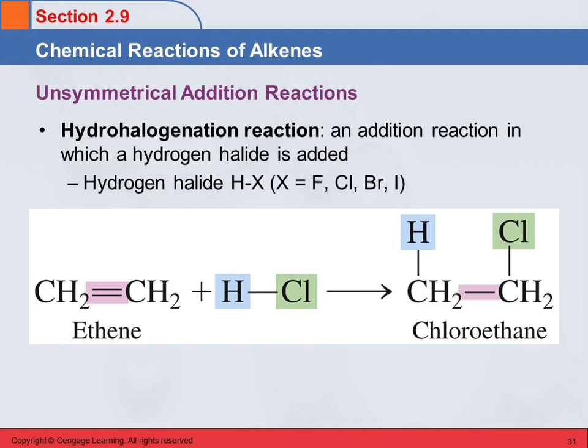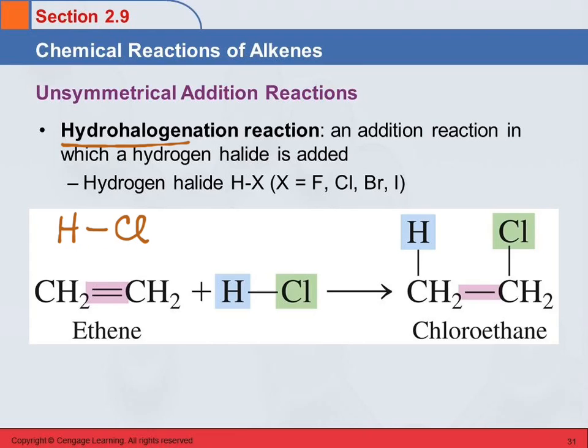You can also have an unsymmetrical addition reaction. So this one is called hydrohalogenation. So this is where we've got something like hydrogen chloride. See, there's hydrogen and a halogen.